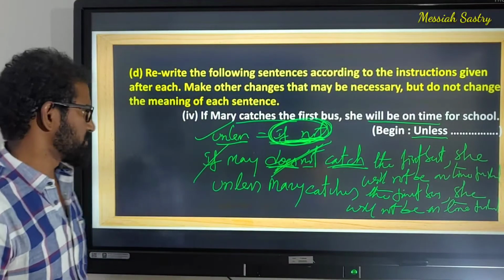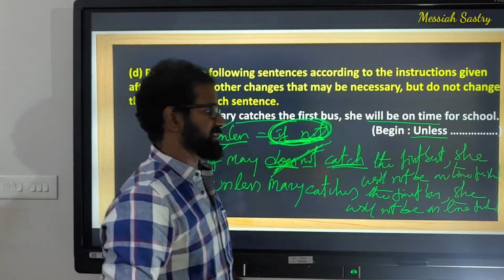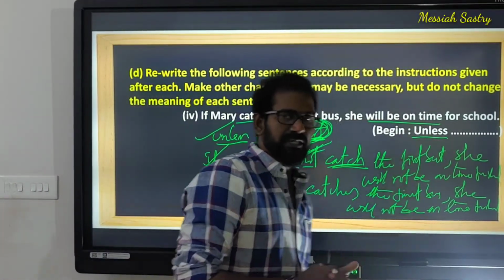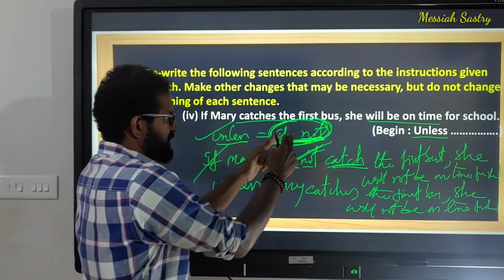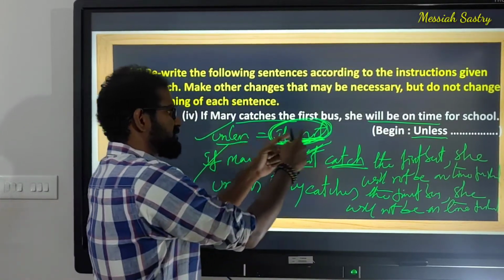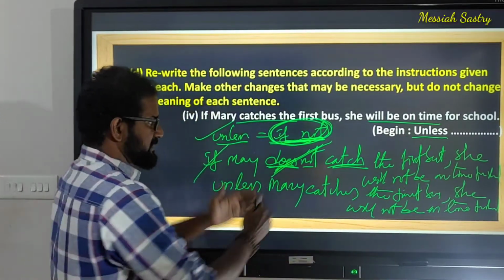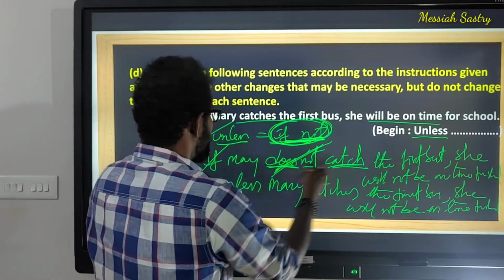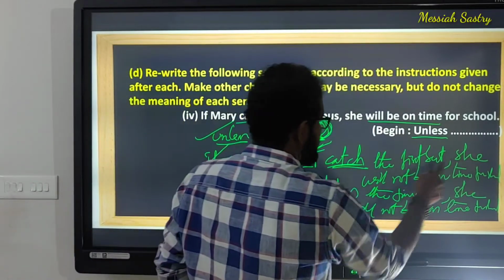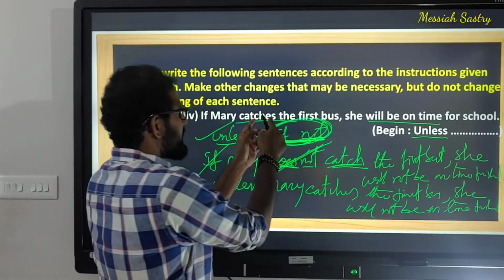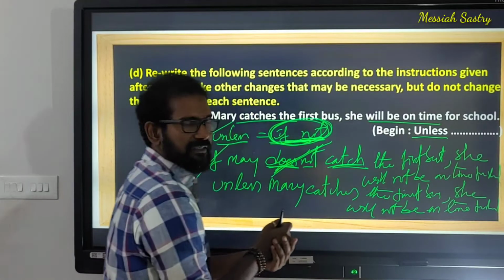On time for school. So when you are asked in the examination to write using unless, first try with if not, because unless is equal to if not. First write the answer with if not, then see whether the meaning is right. Does not catch, she will not, because the given sentence is catches, will be.